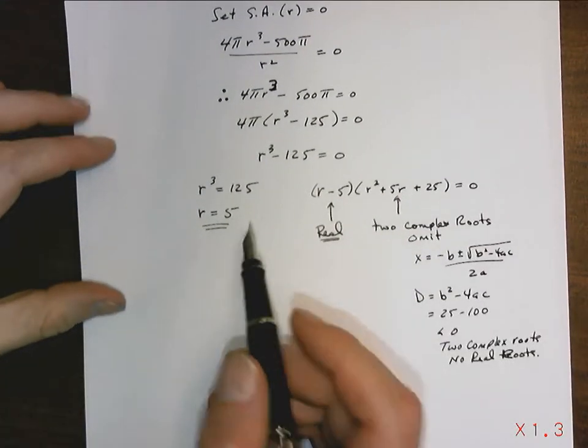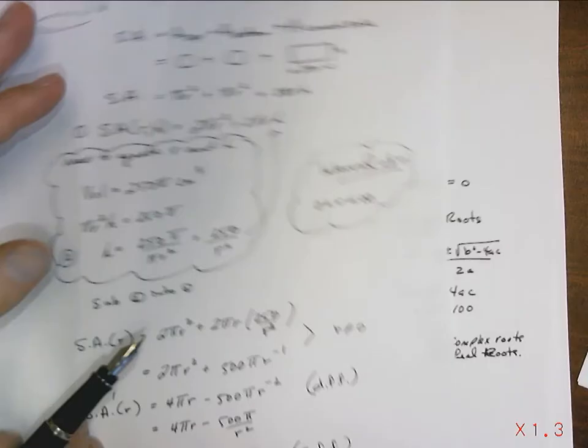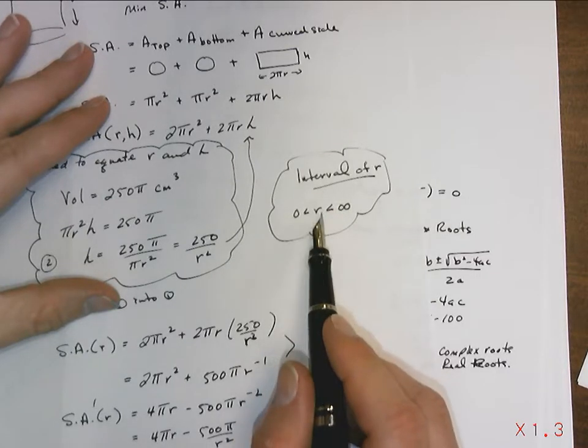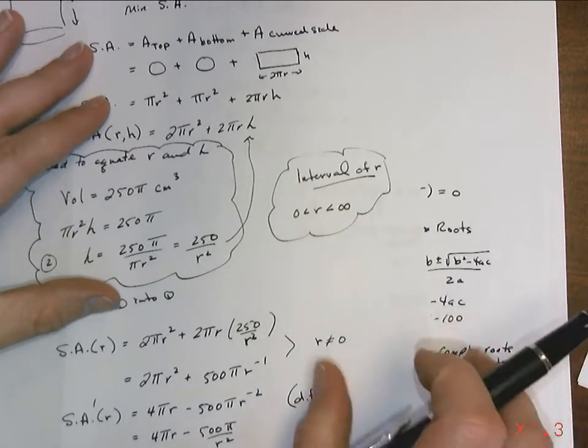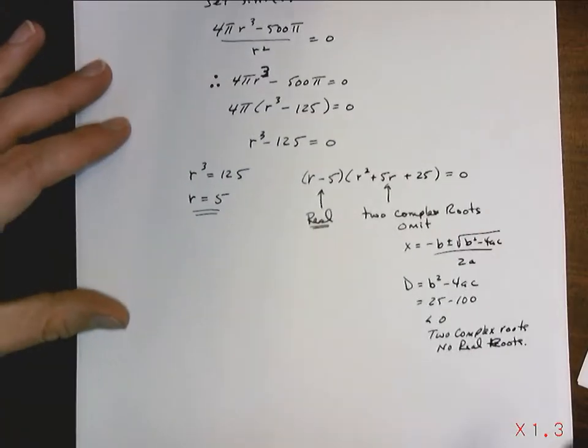So we have r equals 5. We have a choice now. We have an interval here with no endpoints. So we either have to prove that it's a max or a min using the interval chart, or we prove that it's a max or a min using the second derivative test.